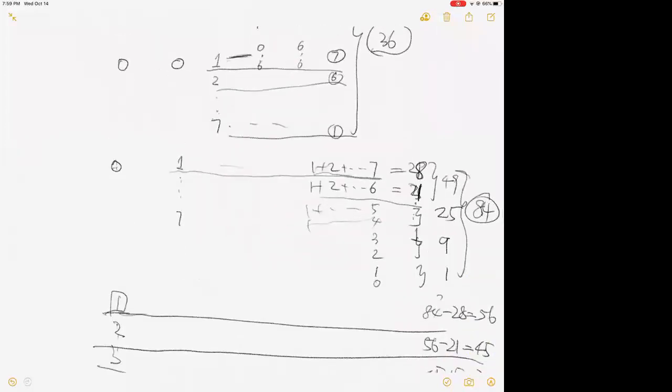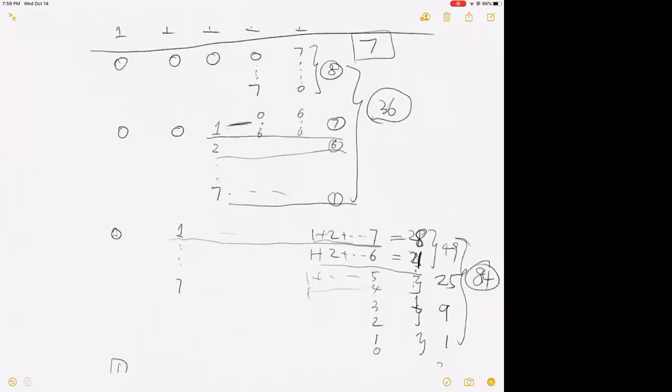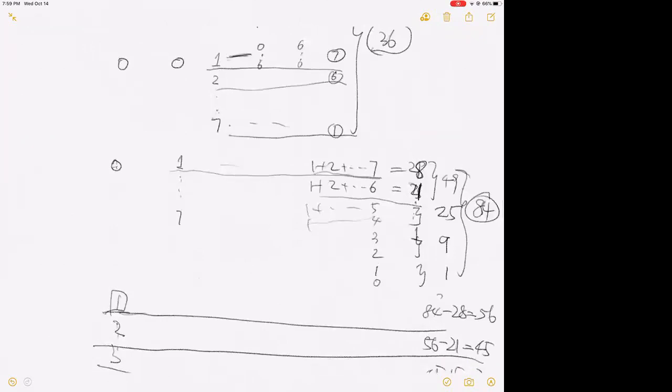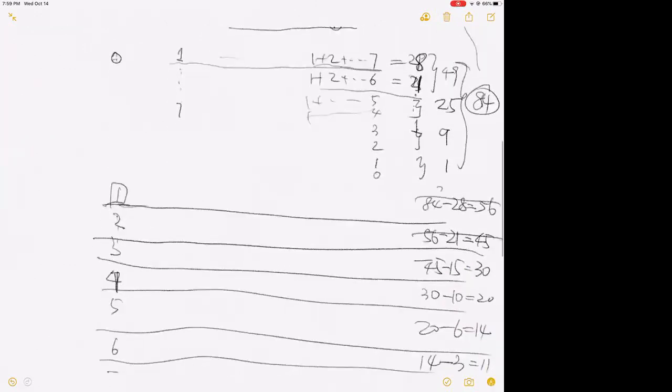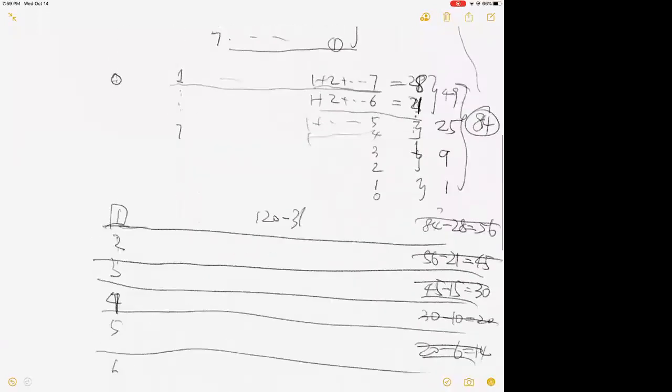So it's 84 minus what? No, actually from 0 to 6, right? Oh, you first need to subtract 36. Wait. So this will be 120, right? Oh, yeah. Okay, so restart. 120 minus 36 is 84. 84 minus 28 is 56.